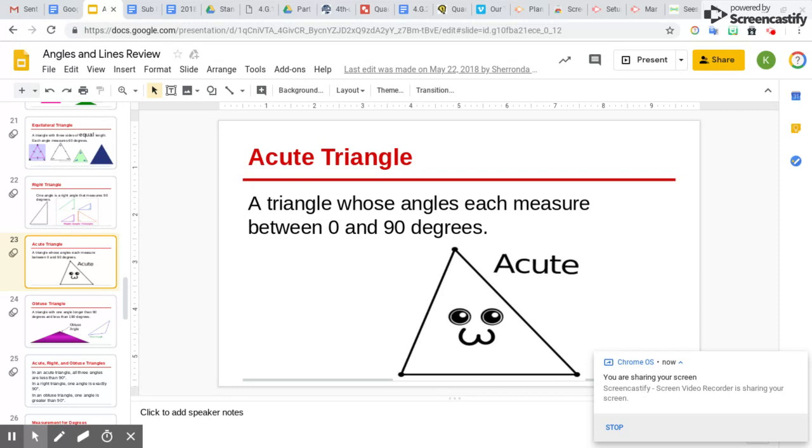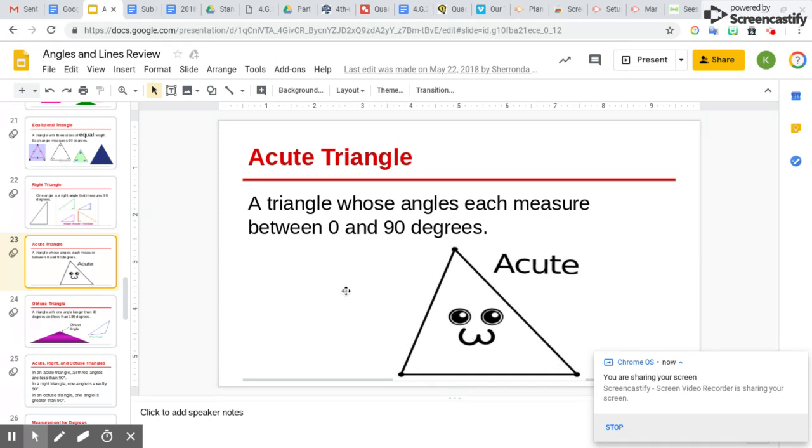Another type of angle was acute angle, and of course you can see here is a little acute angle. But in order to know what an acute triangle is, you have to know what acute angles are, okay? Because we have angles, as you can see, inside of our triangle that we have here, okay?